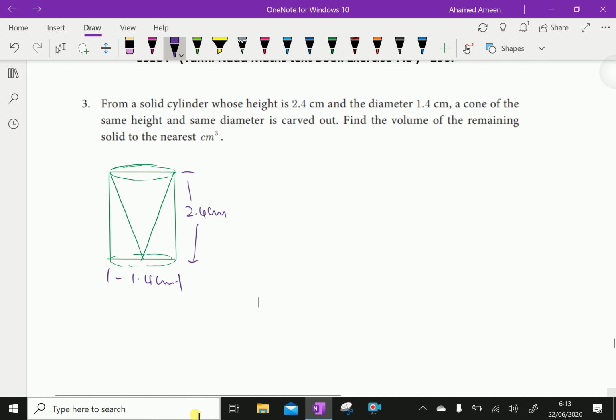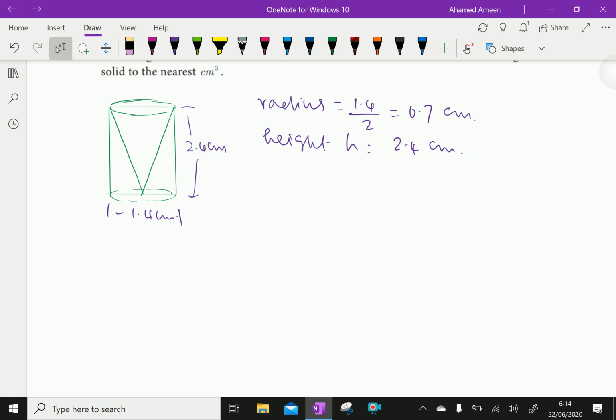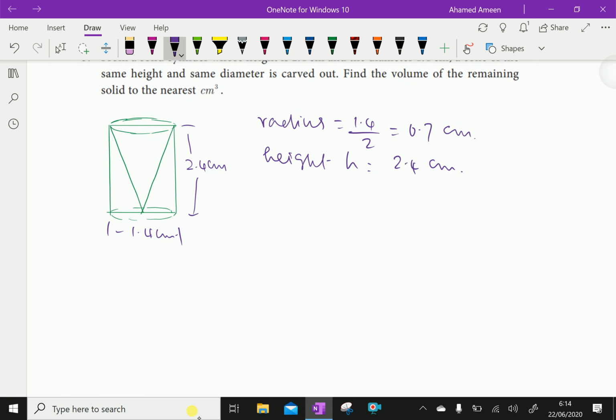That means the volume of remaining solid. Here first radius equal 1.4 divided by 2 equal 0.7 centimeter and height h equal 2.4 centimeter.